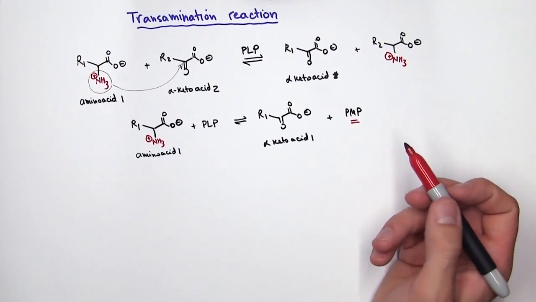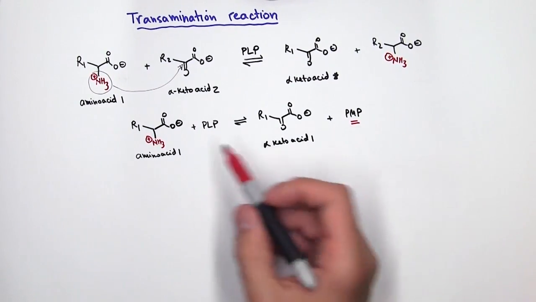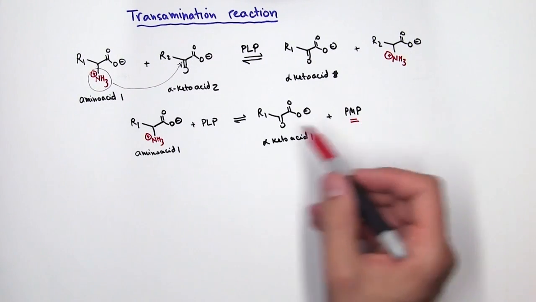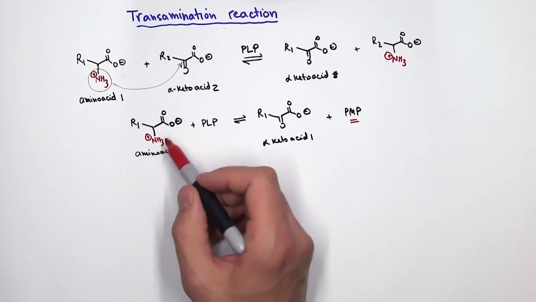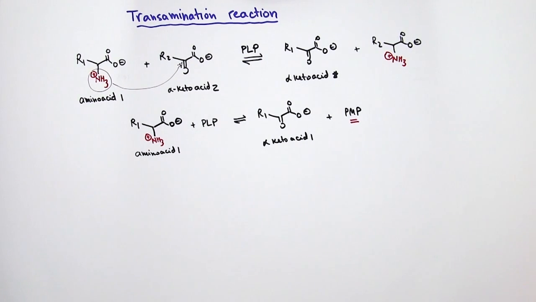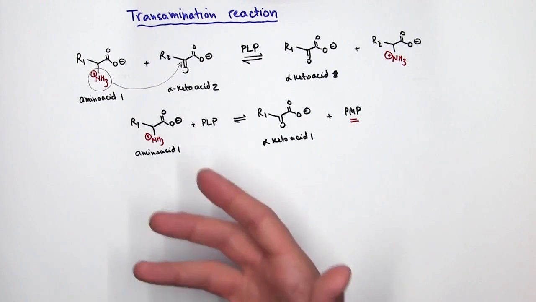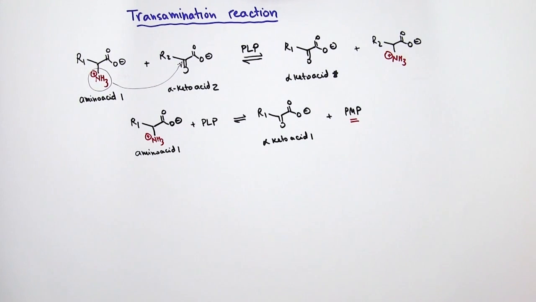So, if you remember from the previous slide, the PMP contains an amino group, and that will actually contain this amino group that was taken from the amino acid 1. Now, in the second step, PMP will transfer its amino group to a different alpha keto acid to generate a new amino acid.